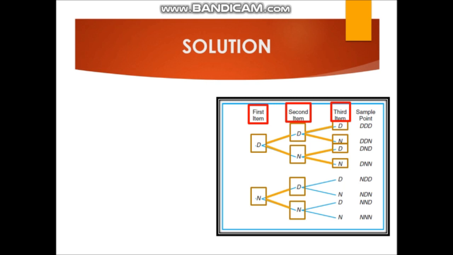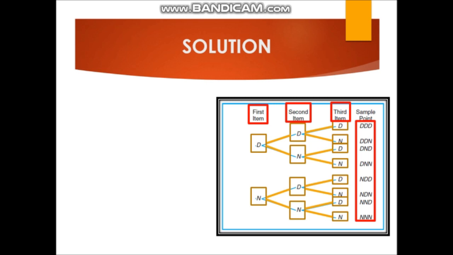If our first item is non-defective and our second item is defective, our third item can be defective or non-defective also. But if our first item is non-defective and our second item is non-defective, our third item can be defective or non-defective also.